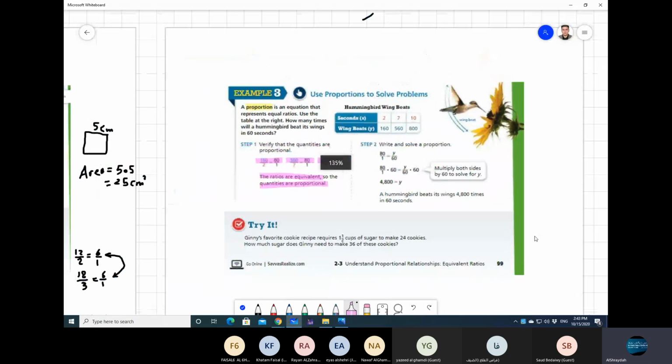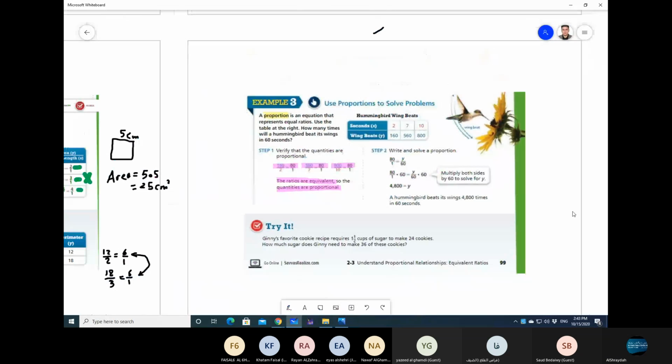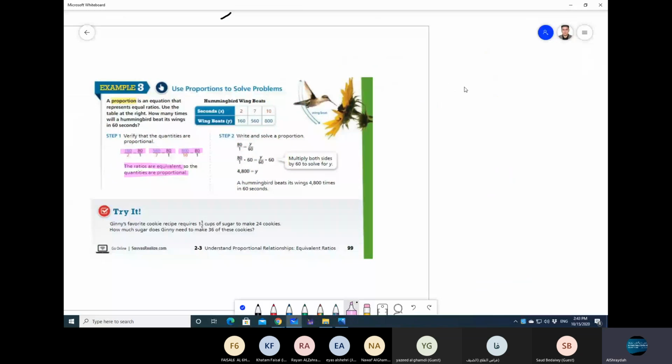Okay. Now we have a very important note here. Let's say that I told you 5 over 10 is equal to x divided by 2. What will be the value of x? This is the first way how you can find the value of x. Here we have 5 divided by 10.